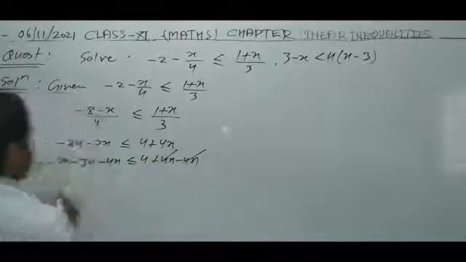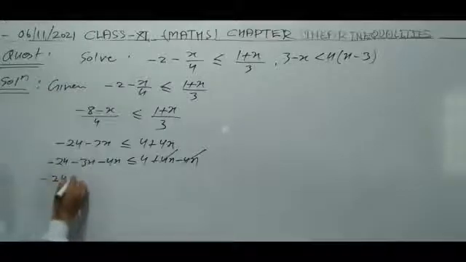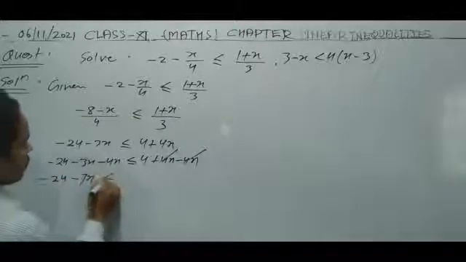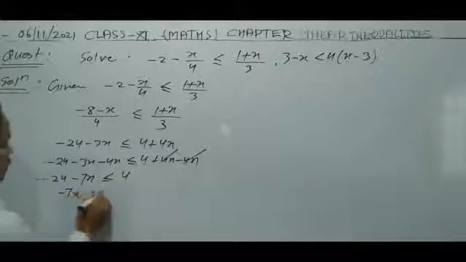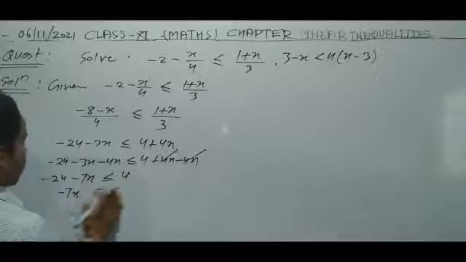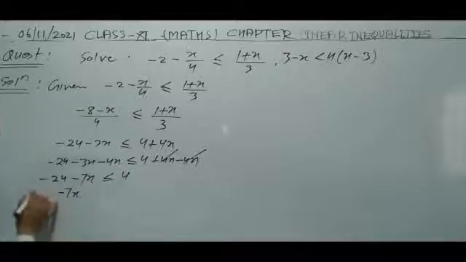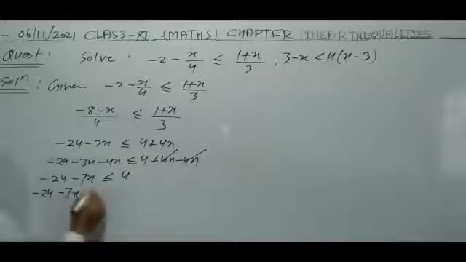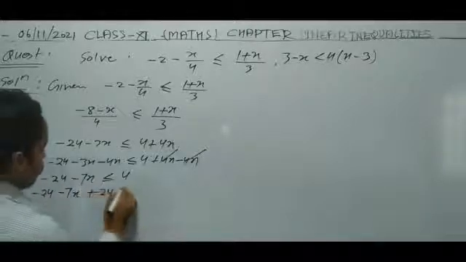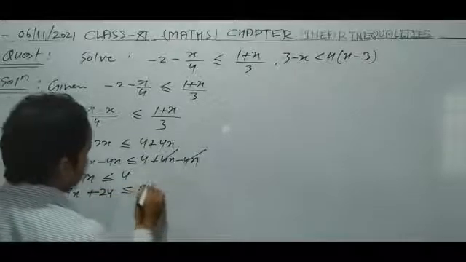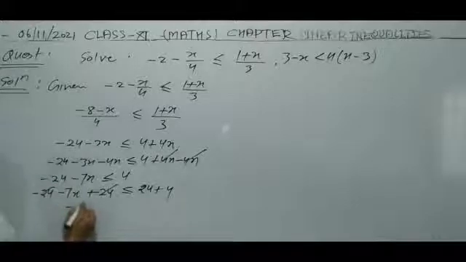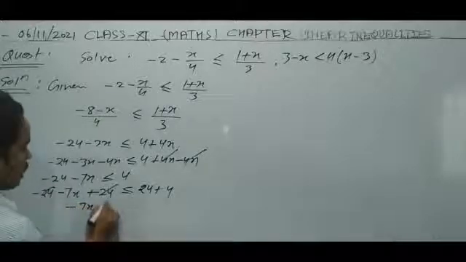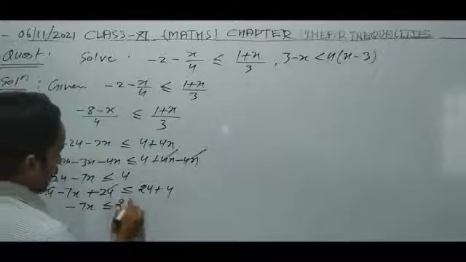This is cancelled. So minus 24 minus 7x is less than or equal to 4. Then minus 7x is less than or equal to 24 plus 4. Now this is cancelled, so minus 7x is less than or equal to 28.